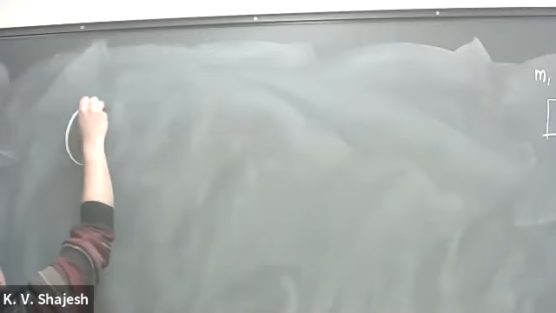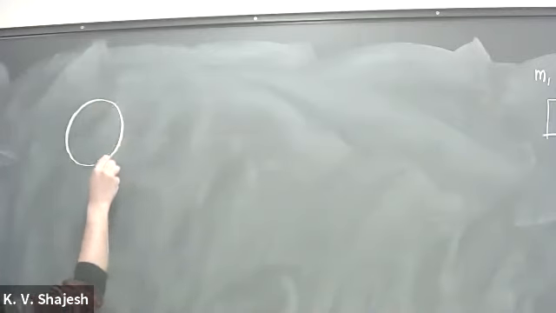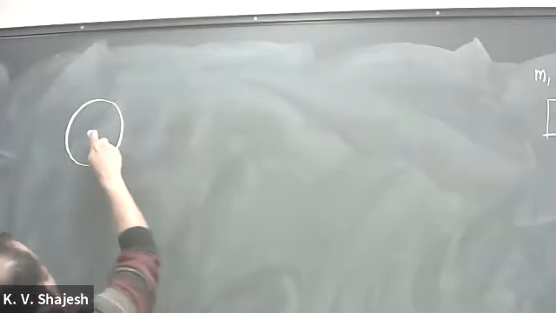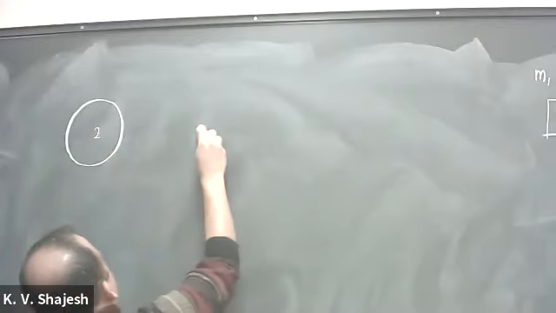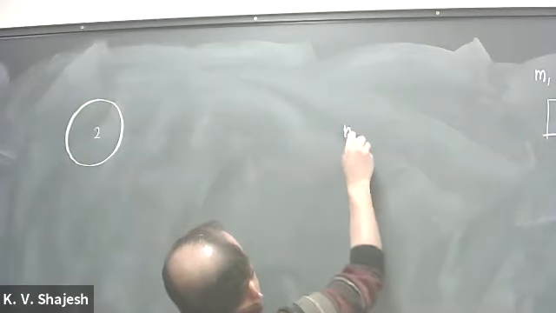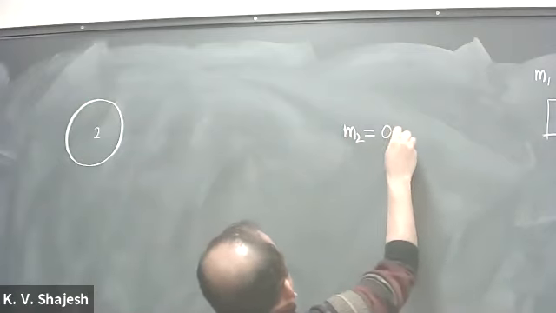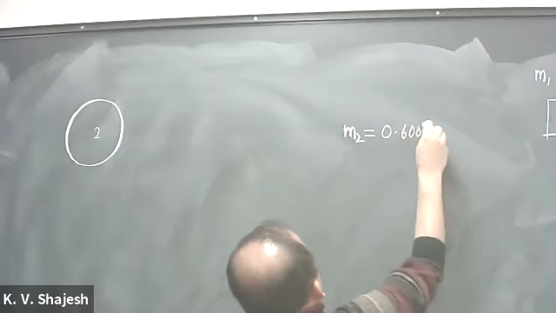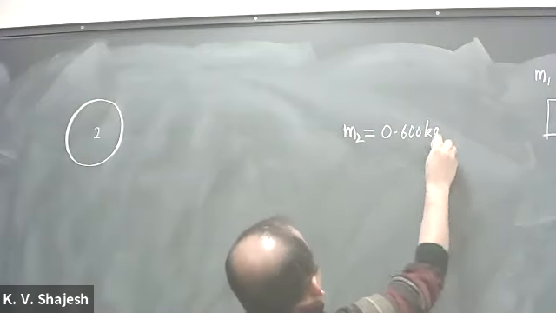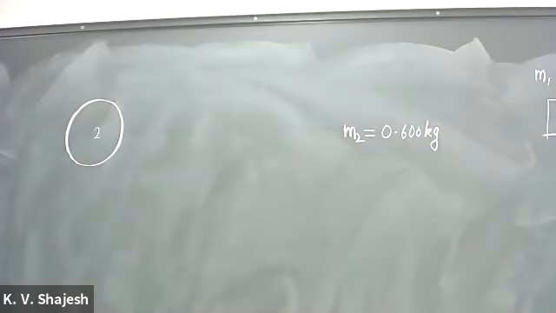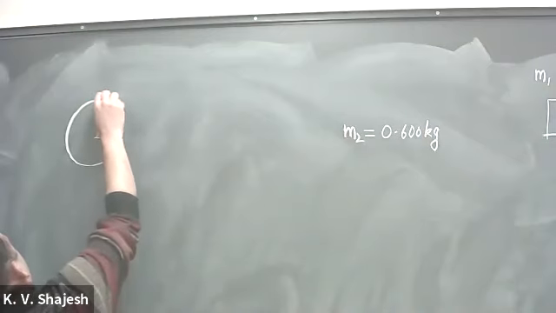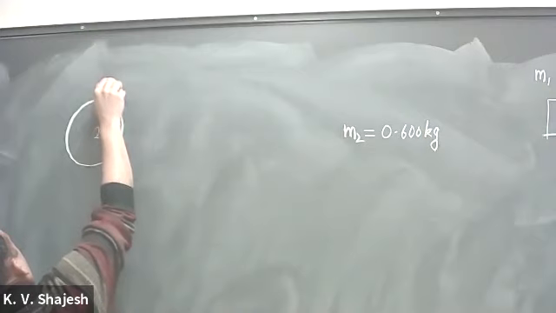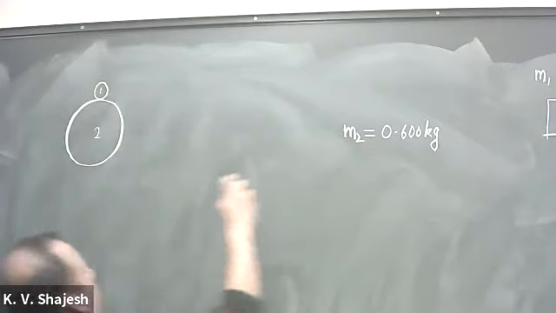You take a basketball. So that's your basketball, and let's call that 2. So M2 is about 0.600 kg. That's about 600 grams. That's typically what a basketball weighs. And right on top of it, you keep a tennis ball. So that's your 1.